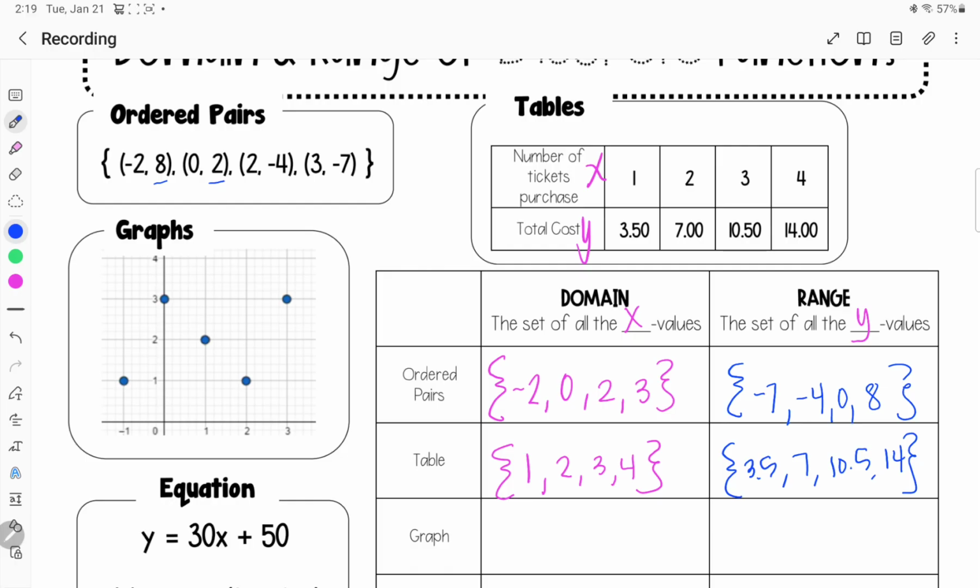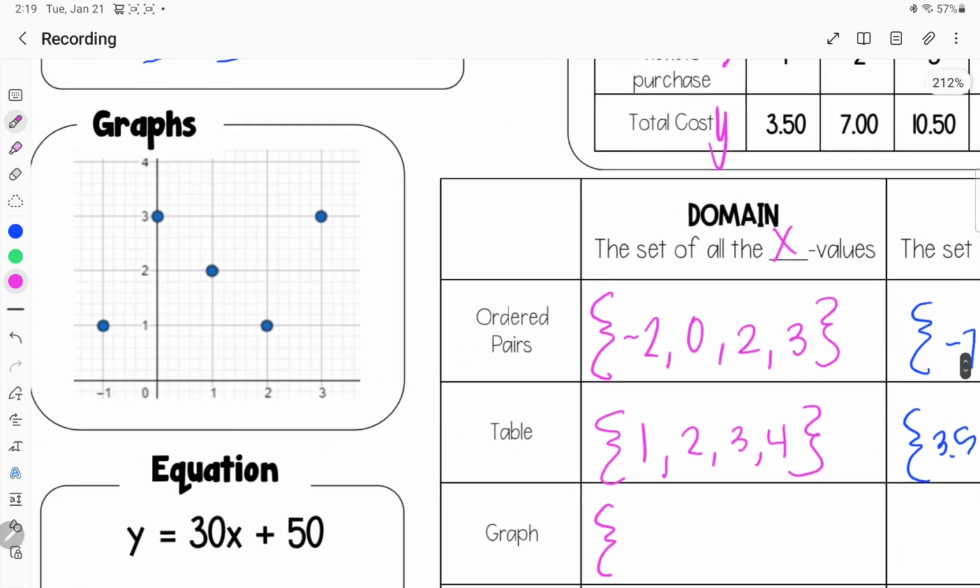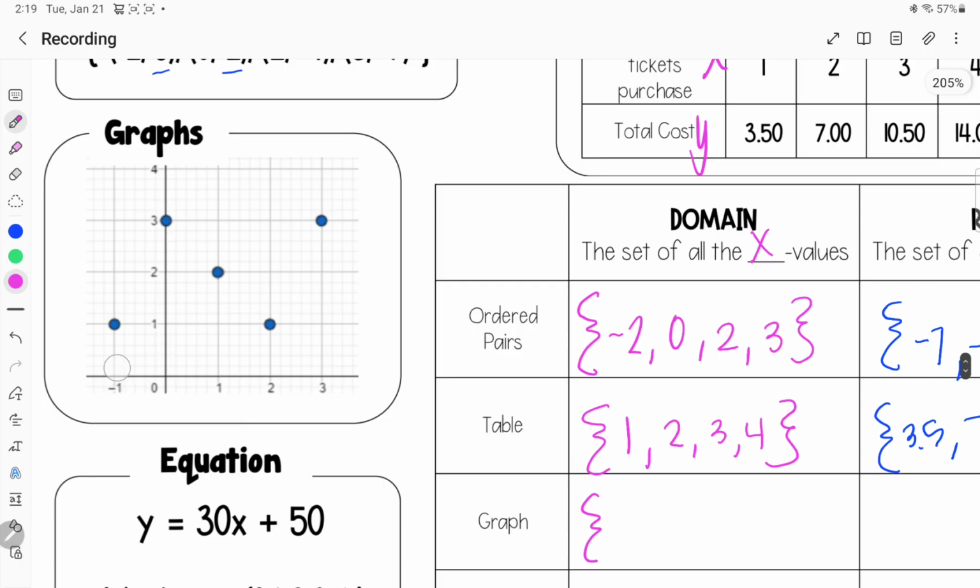From your graph, this is where, again, we have to know the difference between our x and our y axis. So I need my x value. So this one's at -1. This point right here is at 0. Then I have a point at 1, a point at 2, and a point at 3.